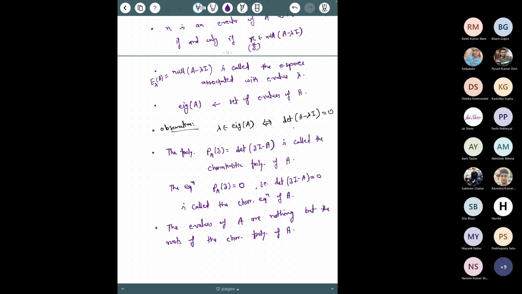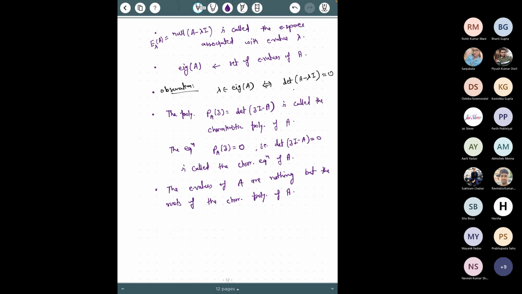So with this we have defined eigenvalues and eigenvectors, and we have also set some terminology which will be useful for us in order to talk more about these. Clearly now, we have defined eigenvalues and eigenvectors of a linear operator, and at least we have defined eigenvalues and eigenvectors of a matrix.